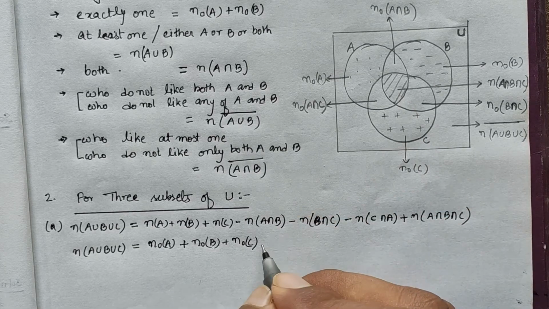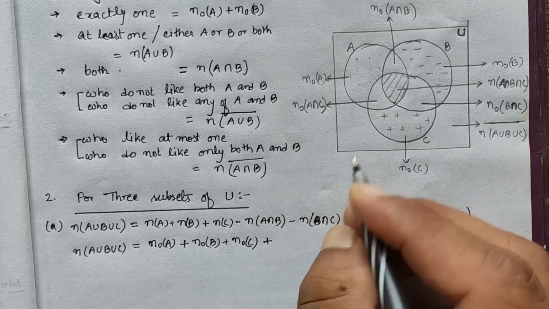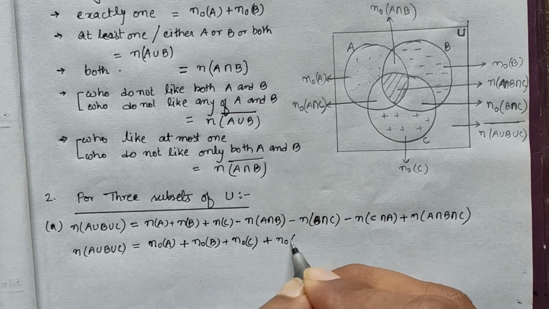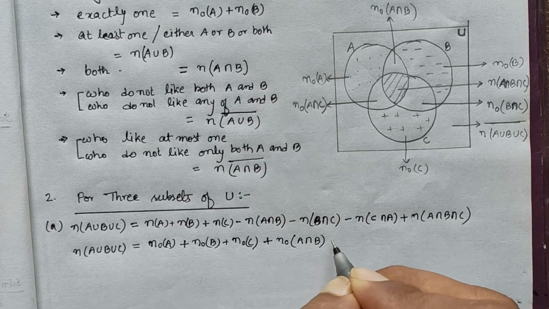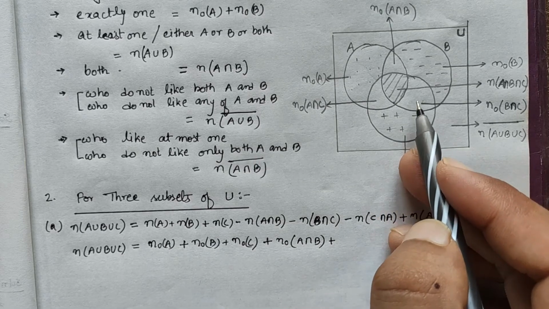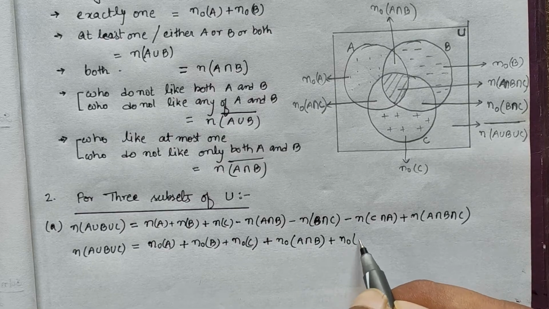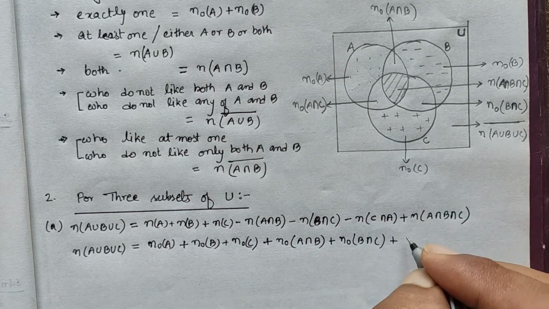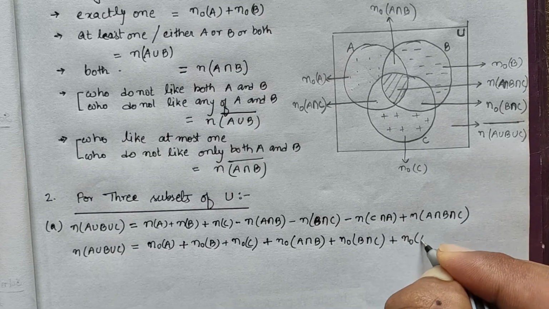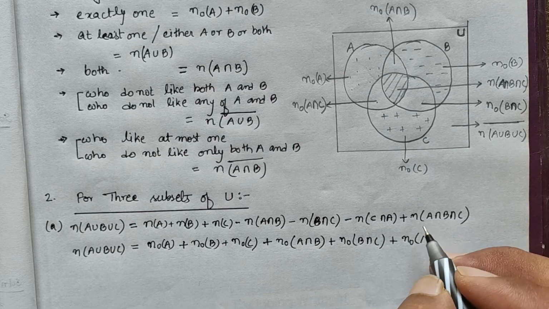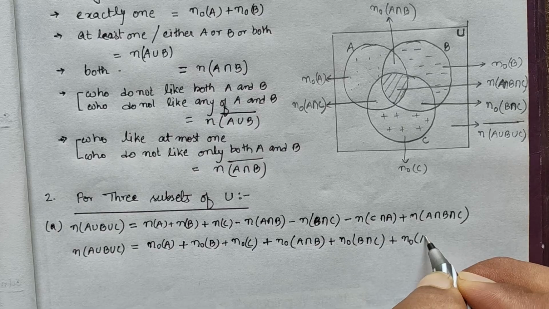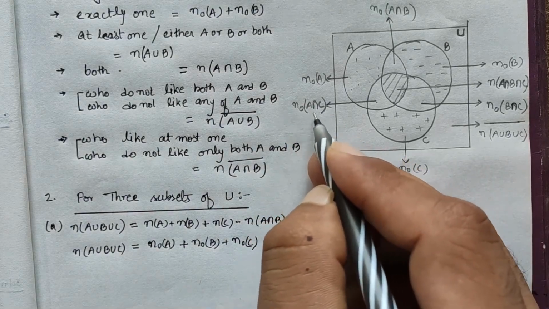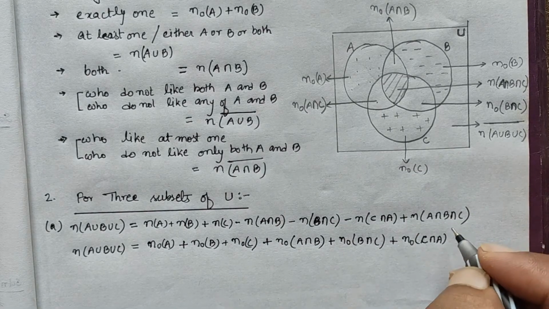What's remaining? We add this part, n(only A intersection B), plus n(only B intersection C), plus n(only C intersection A), same thing as A intersection C. Don't be confused.